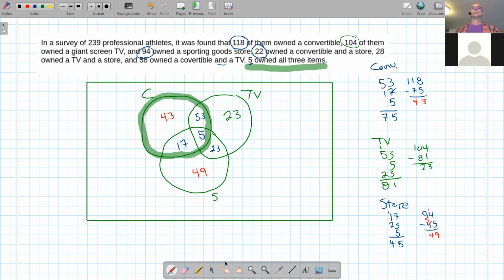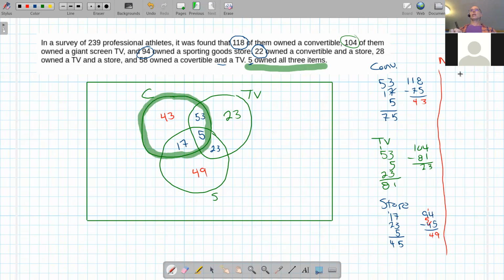All right, so now I can figure out how many owned a convertible or a TV or a store by adding all those numbers up. So I'm just going to take the biggest one here, the 118. So what I'm doing is I'm finding the number of people who owned a convertible or a TV or a store, right? That union symbol.